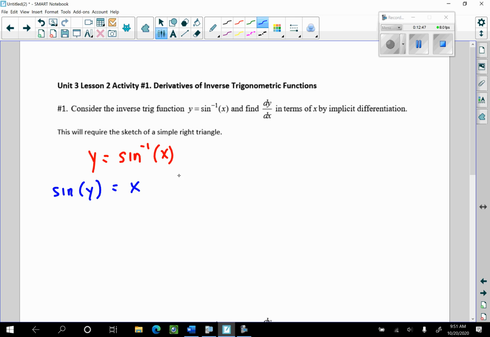What I did was just take the sine of both sides. Are you okay with that statement right here? So what I'm going to do, the same thing I did in pre-calculus, is take this statement right here and create a right triangle.